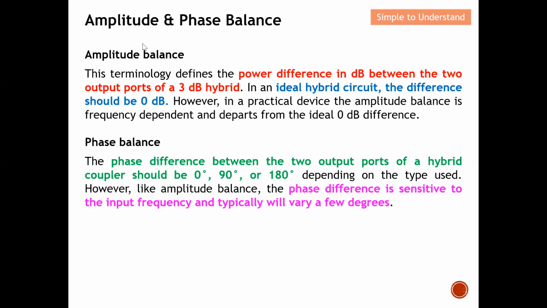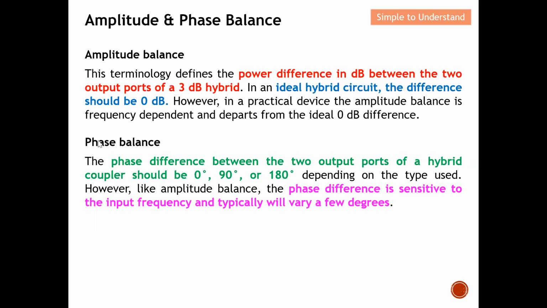Although we want to split the power evenly, in the real world this is not possible. We cannot achieve 0 dB, and there will be some amplitude imbalance. This is the definition of amplitude balance.